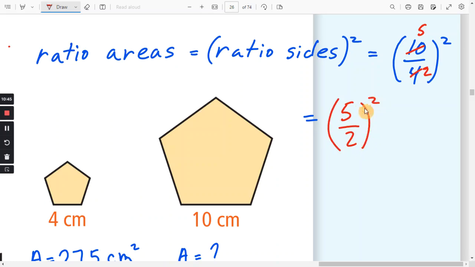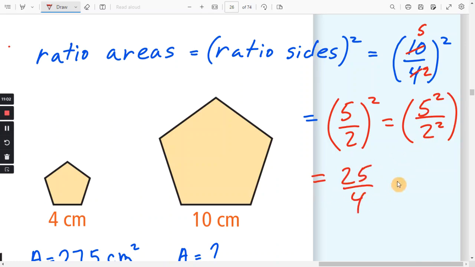And when you square a fraction, you square the top and bottom individually. So the 5 gets squared, or the numerator, and the 2 gets squared, or the denominator. 5 squared is 25, and 2 squared is 4. Okay, that is the ratio of the areas.